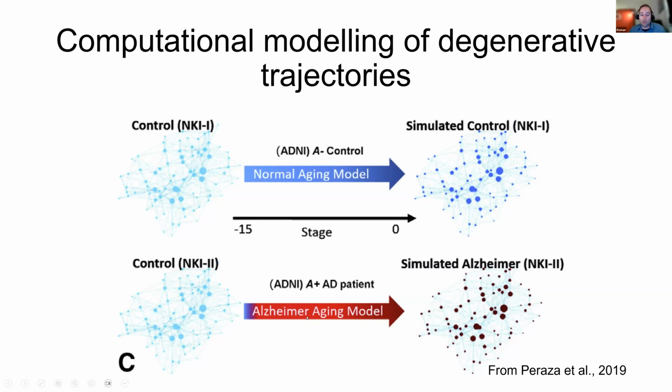So the aging, of course, pathological aging is a very specific expression, but in this case, it would refer to aging if a subject has Alzheimer's disease. And so in the end, what we're interested in is how those trajectories change over time.